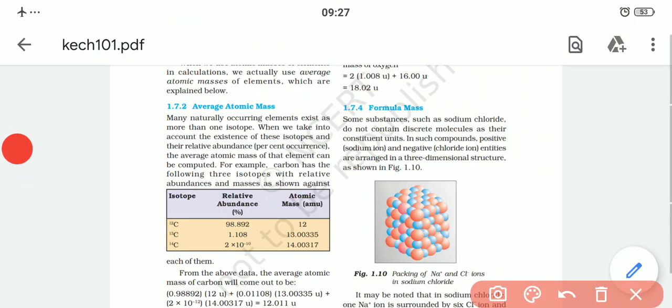You can see here a three-dimensional structure in which two colored balls are shown. One is a positive ion and the other is a negative ion. Many ionic compounds like NaCl, Na+ Cl-, magnesium chloride Mg2+ Cl-, and potassium chloride KCl all have this type of structure.